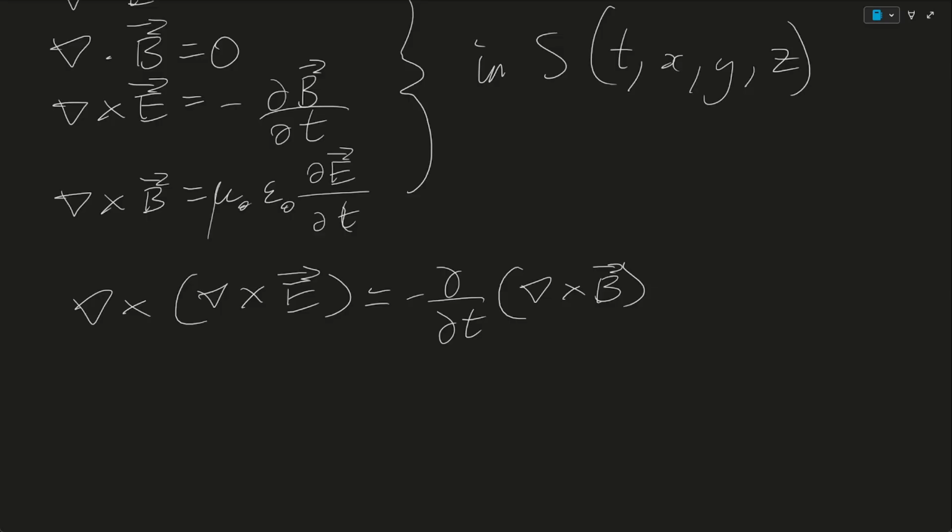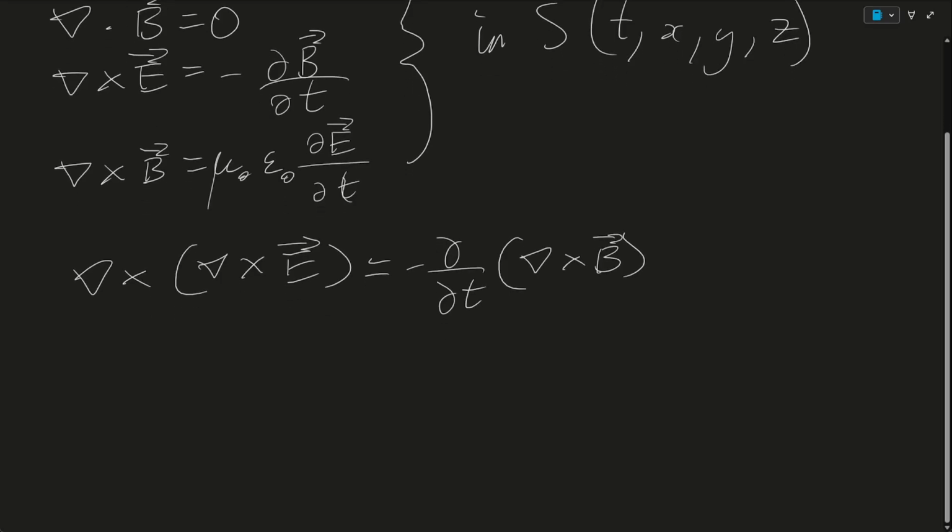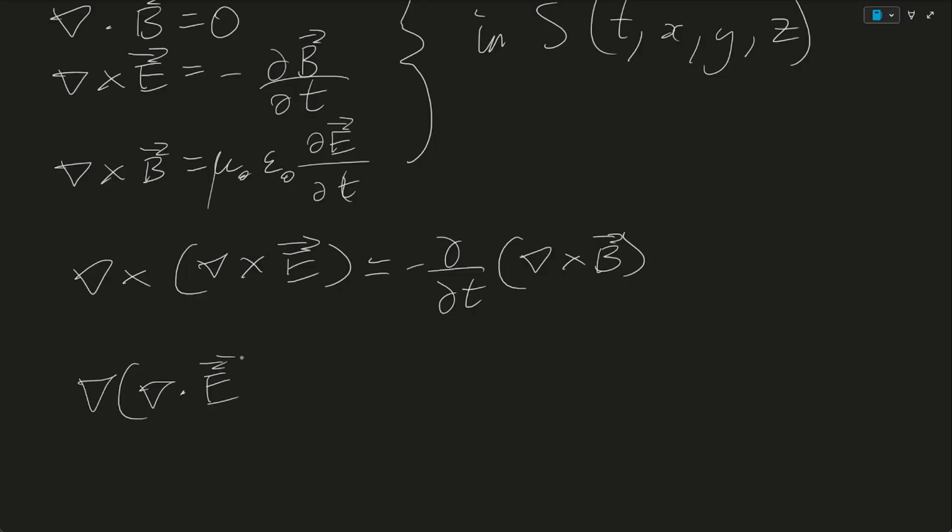Then we can take a vector identity on the curl of the curl. We have the gradient of the divergence of E, minus the Laplacian squared E. Oh, why am I writing this way? It's because I'm tilting my tablet the wrong way. There we go. Minus the Laplacian of E. That's better, less wobbly.